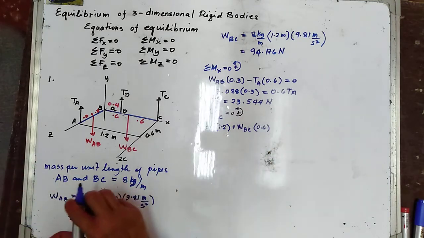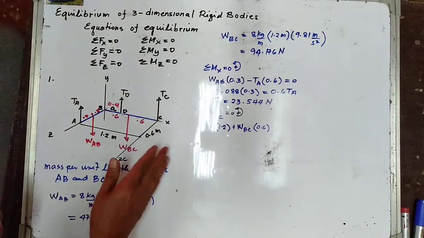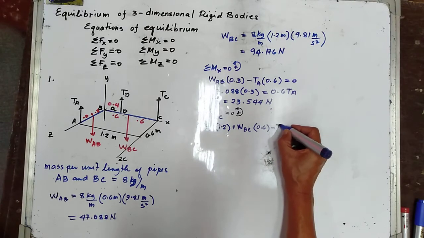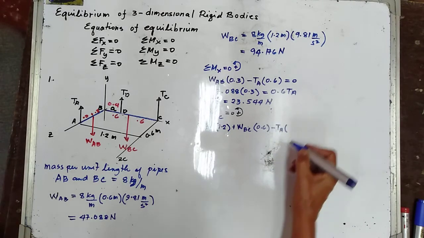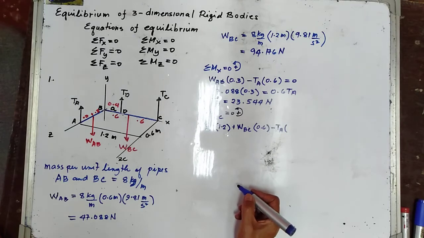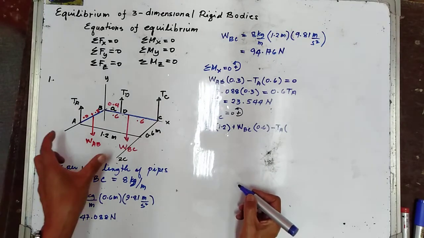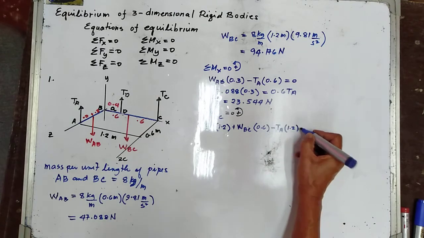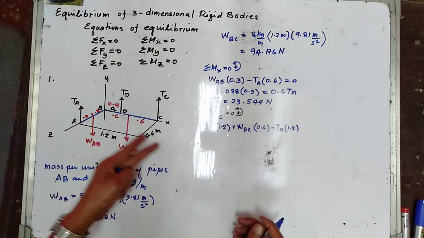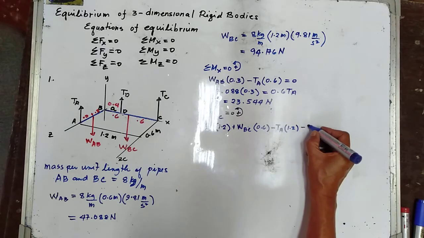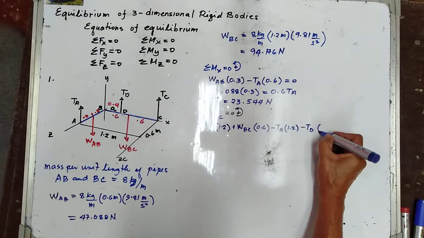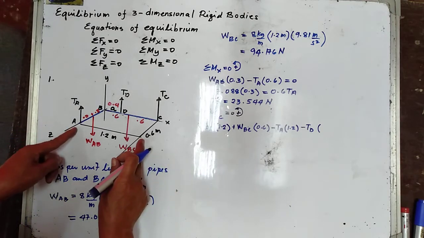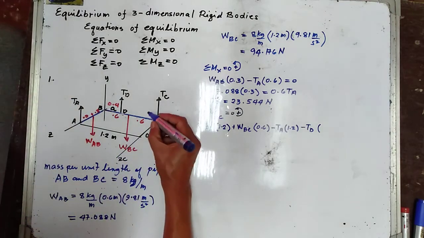Then TA about this is going clockwise, so minus TA multiplied by the moment arm 1.2. TD is still going clockwise, so minus TD, the moment arm is 1.2 minus 0.4.